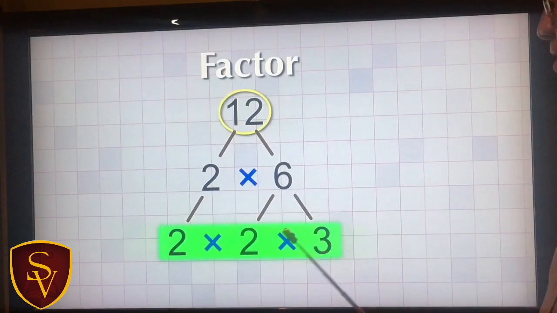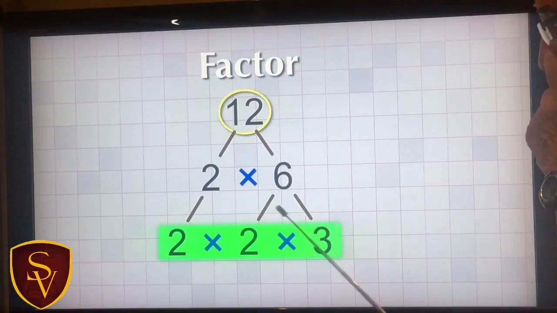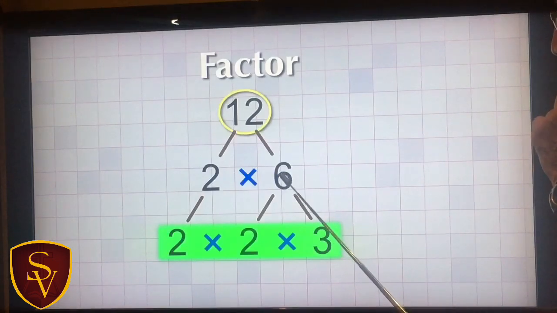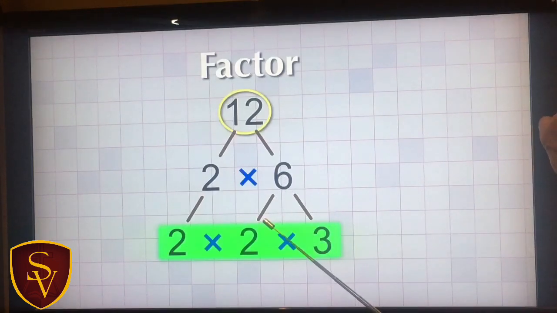However, 6 can also be divided into 2 other factors. For instance, 6 is a multiple of 2, and 6 is a multiple of 3 also. Now, we got it here. 2, we cannot divide by anything else, and 3 also, and that's where we finished. We found all the prime factors.